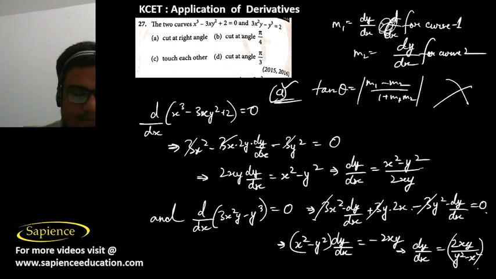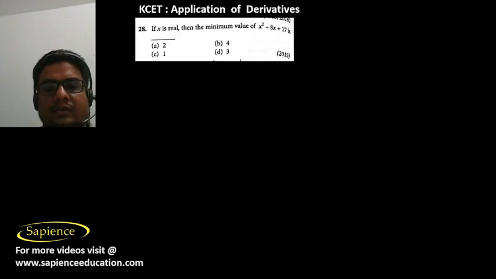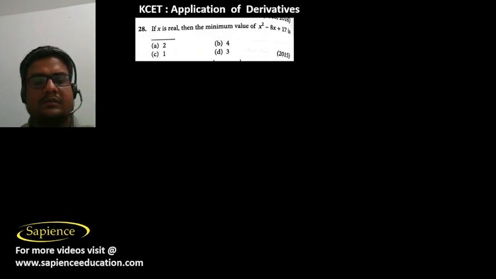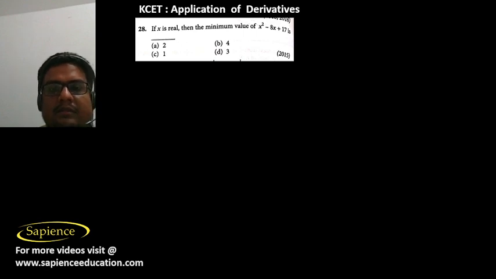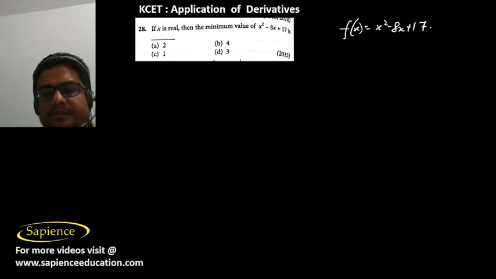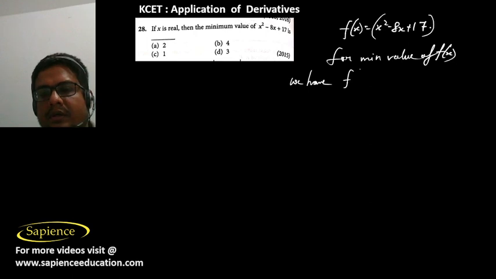Then question number 28. It is told x is real, then the minimum value of this is how much? So f of x is equal to x square minus 8x plus 17. Then for the minimum value of f of x, we should have f dash x equal to 0 and f double dash x greater than 0.